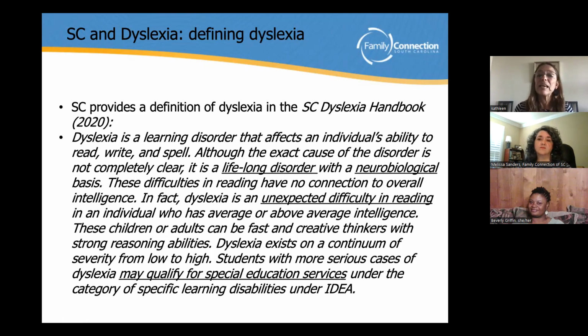It's considered a lifelong disorder, and we don't know what the exact cause is, but it's considered to have a neurobiological basis. What does that mean? That means that the way the brain processes information related to reading and writing and spelling is sometimes different than what a child without dyslexia might experience. It doesn't mean it's wrong, it's just different.